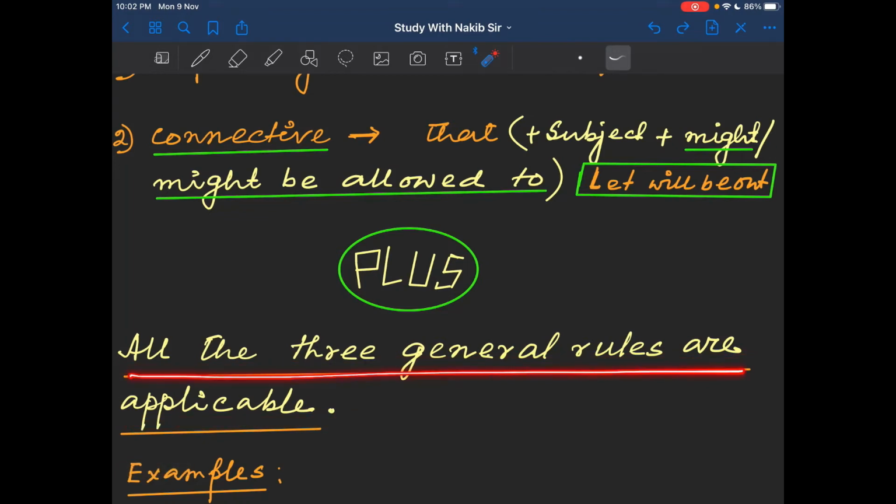All the 3 general rules means rule number 3, the rule about the pronoun change, rule number 4, the rule about the reported verb change, and rule number 5, the rule about the other words change in the indirect narration. So with these two particular rules, all the 3 general rules are applicable here.